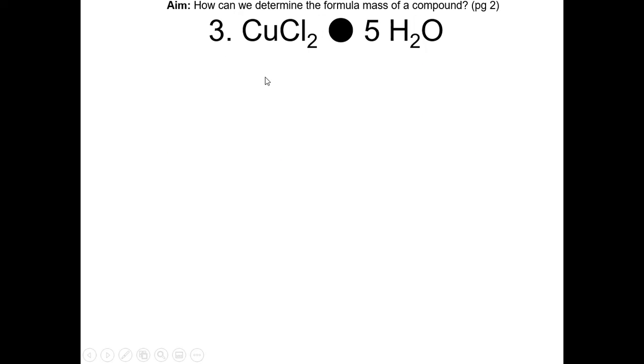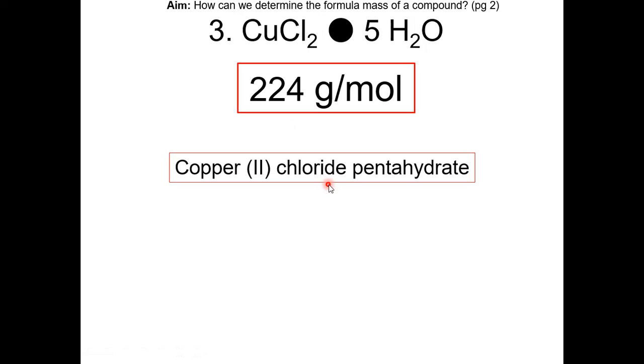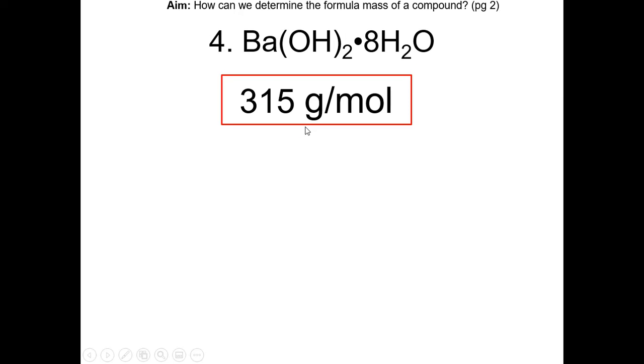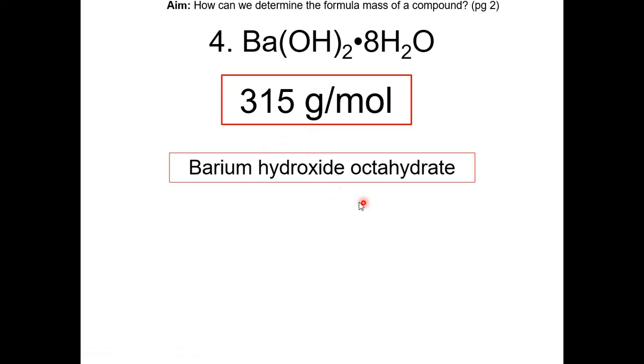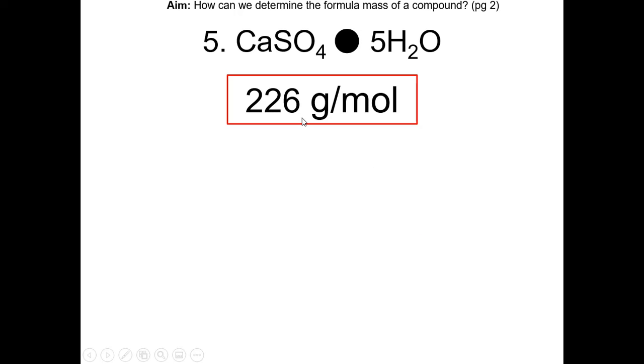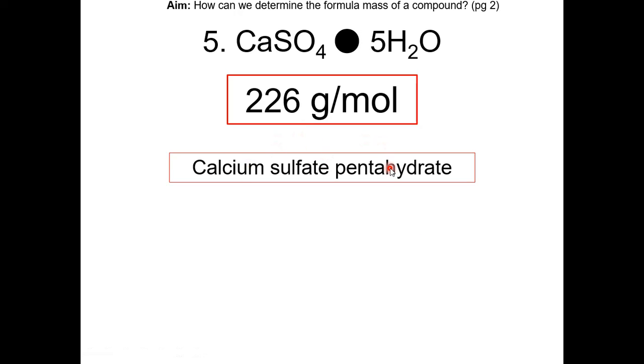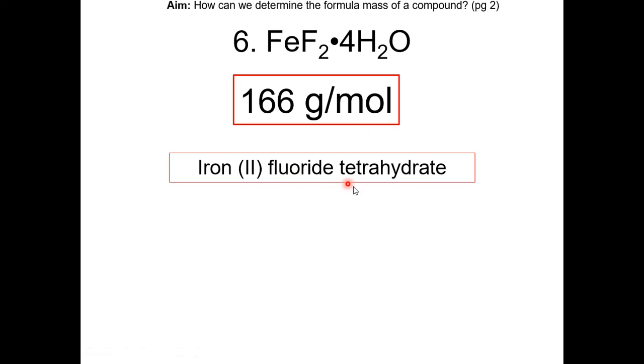For question 3, it is copper 2 chloride pentahydrate, and here's the GFM. Number 4 is barium hydroxide octahydrate, and here's the GFM. Number 5 is calcium sulfate pentahydrate, and here's the GFM. And for the last one, it is iron 2 fluoride tetrahydrate, and here's the GFM.